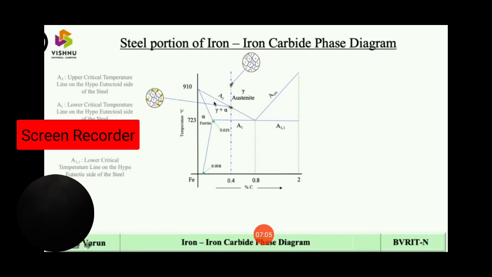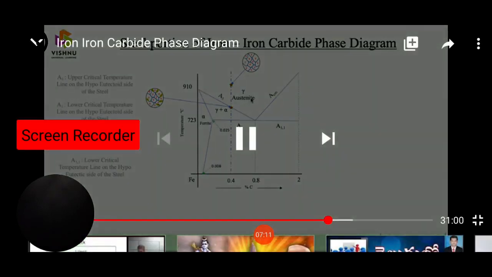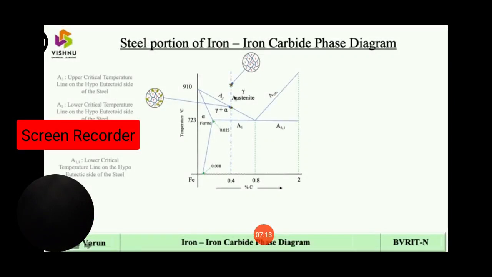Now in order to change from FCC gamma iron austenite, the carbon which is present in the interstitial solid solution has to come out first, and only 0.025% of carbon dissolves to form alpha iron, like shown in this case.